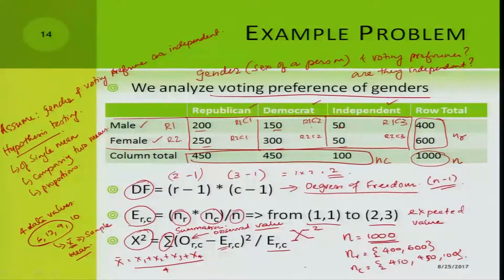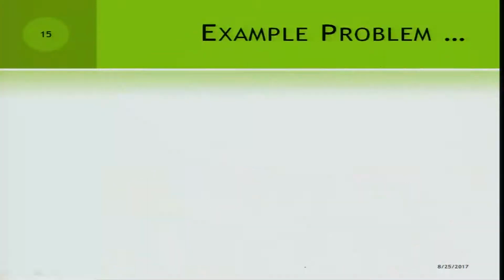So let us actually solve this problem. The setup was male and female, with data for Republican, Democrat and independent, and a total.